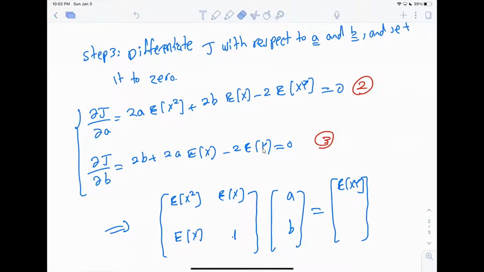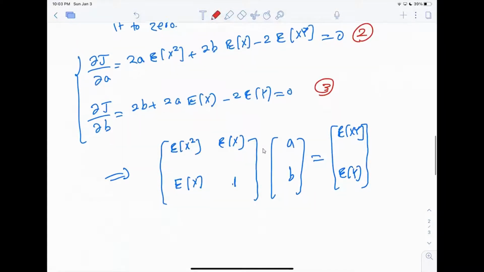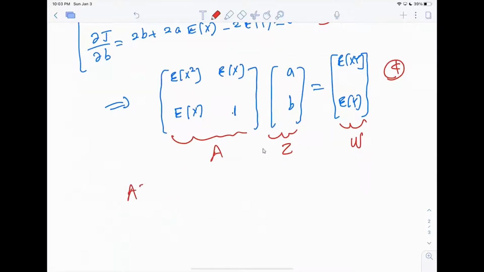And this time we're going to have E[y]. Good. Great. We call this one 4. We call this one our A. We call this one our Z. And let's call this one W. So AZ is equal to W.